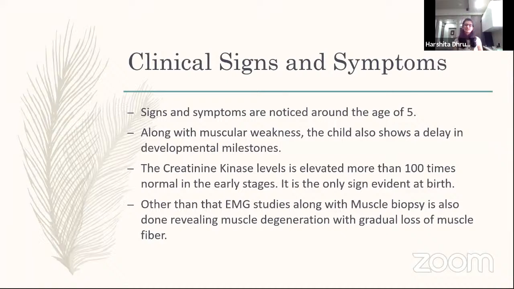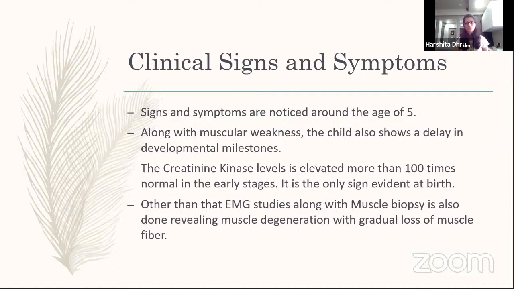Other than that, these kids may present with developmental delays while growing up. They may start walking late. They may have difficulty in crawling, getting up, and climbing up the stairs. These kids will also fall very frequently. They won't be able to run fast. And even some of them have a waddling type of gait in the start, with a wider base of support.